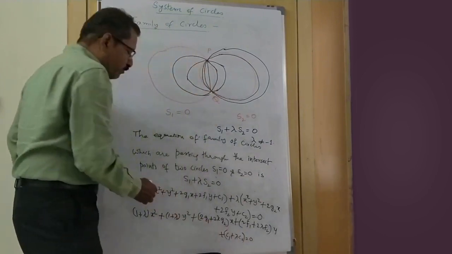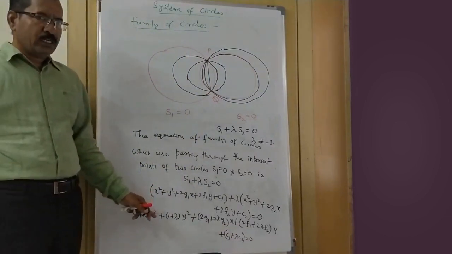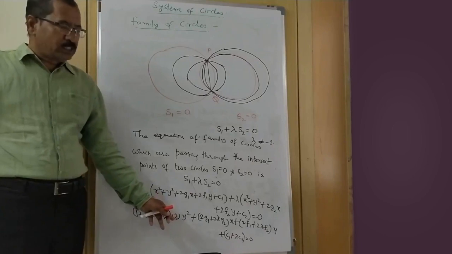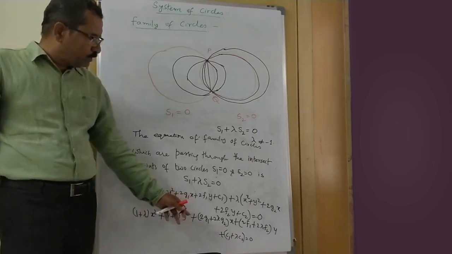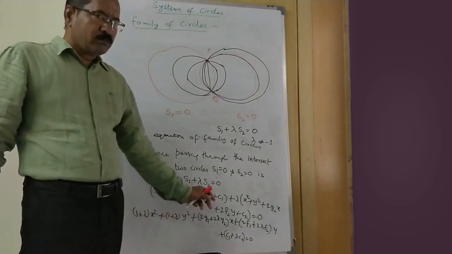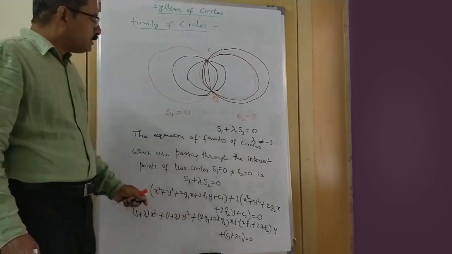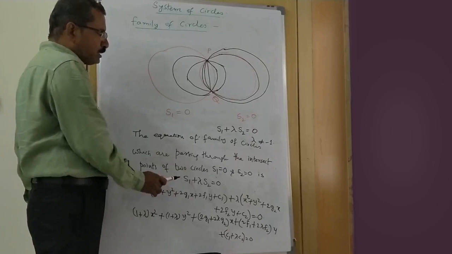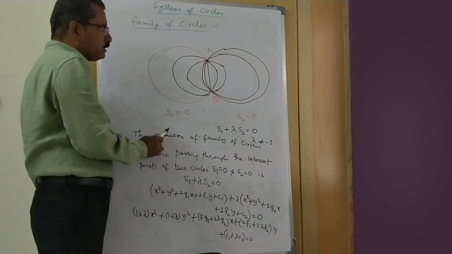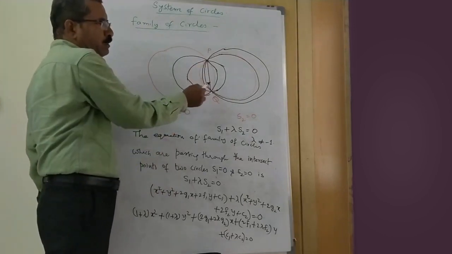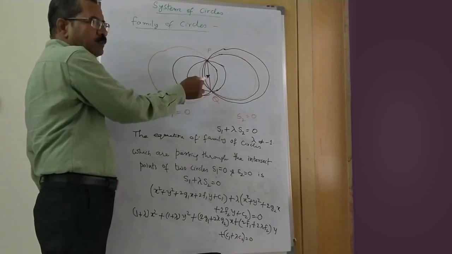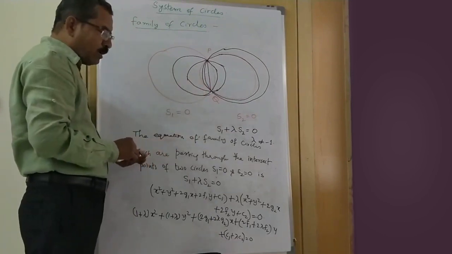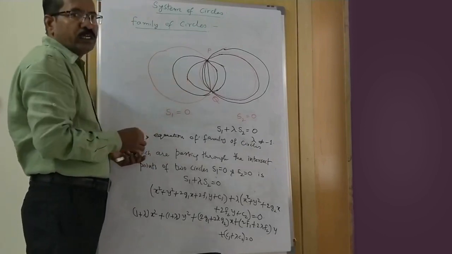This is also in the form of a circle. Why? Because the x² and y² coefficients are the same, and the xy term is absent. That is why this equation gives us the circle passing through the intersection points of two circles. For different values of lambda, you get different circles.